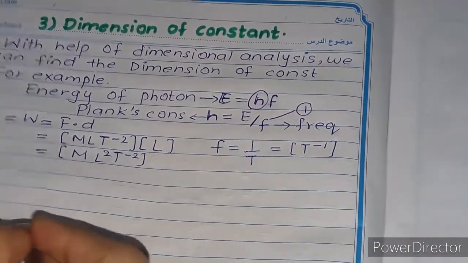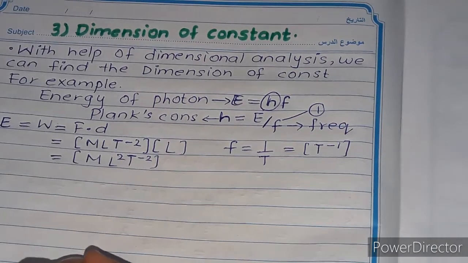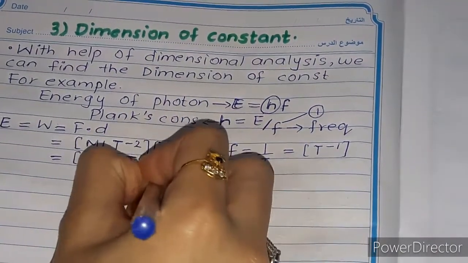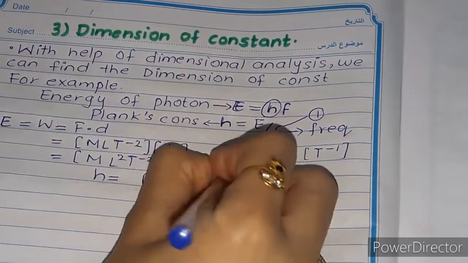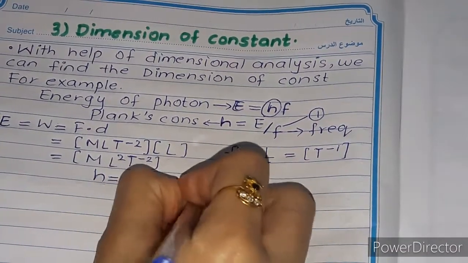Putting the values of the energy of the photon and the frequency in equation number 1, h would be ML square T minus 2 divided by T minus 1.